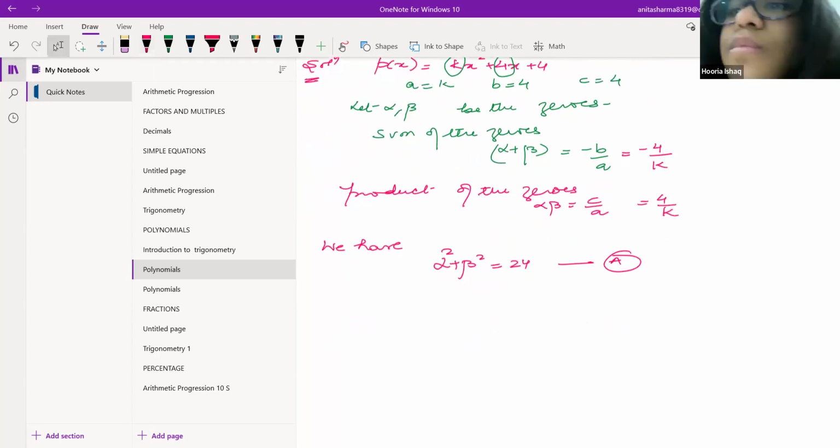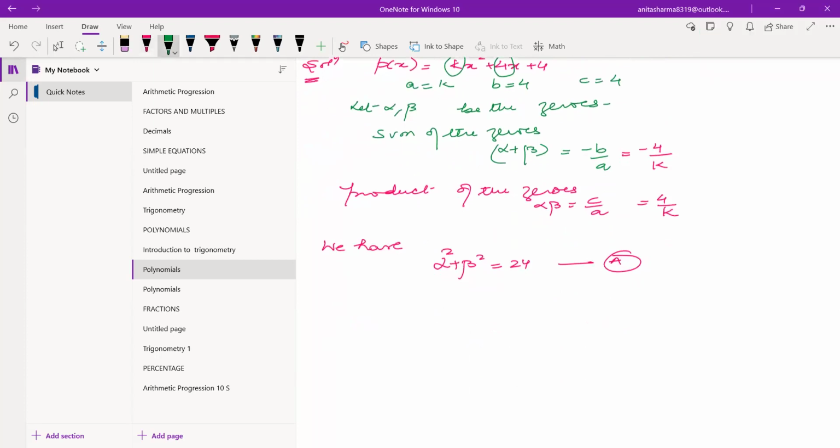Now next, we have alpha plus beta equal to minus 4 by k. So we can square both sides.